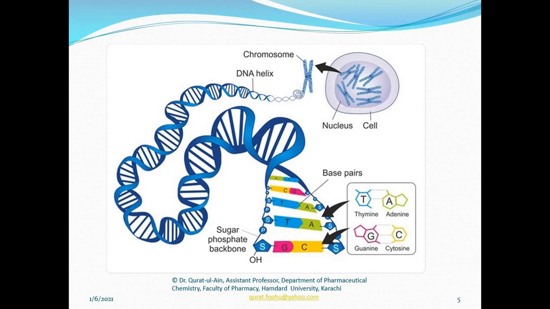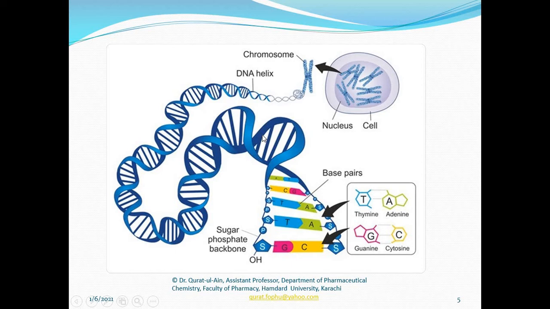But where is this DNA found in our body, or in any living cell? In prokaryotes it is found in the cytoplasm, and in eukaryotes it is found in the nucleus. But the DNA is made up of a long string of polynucleotide.